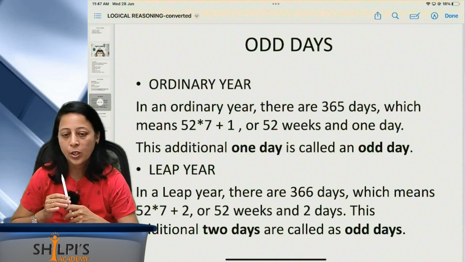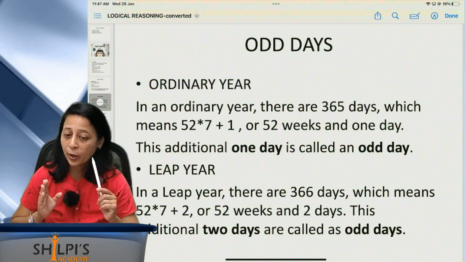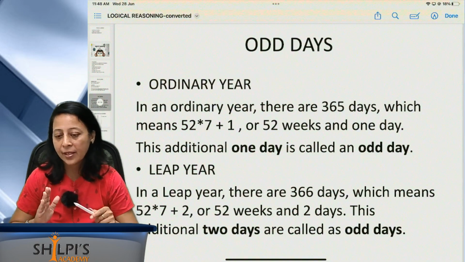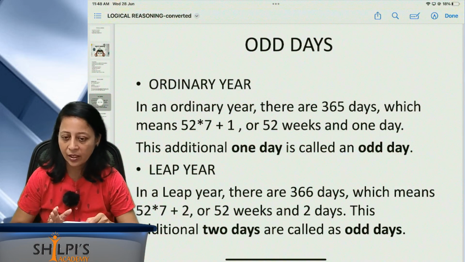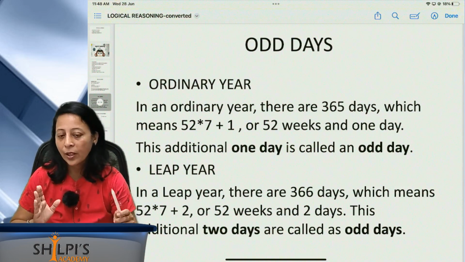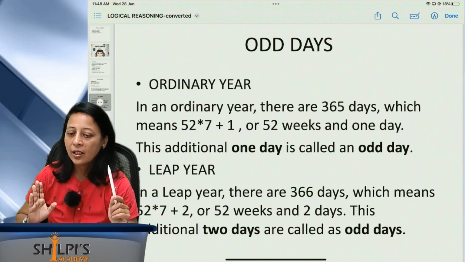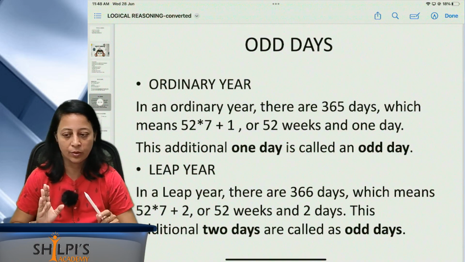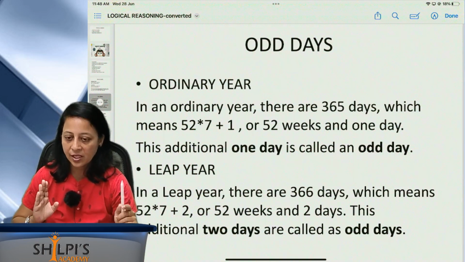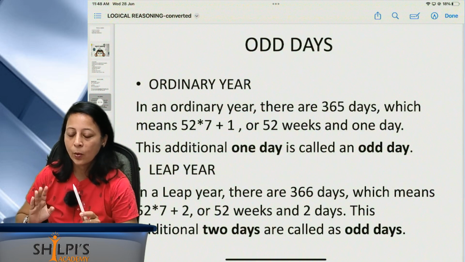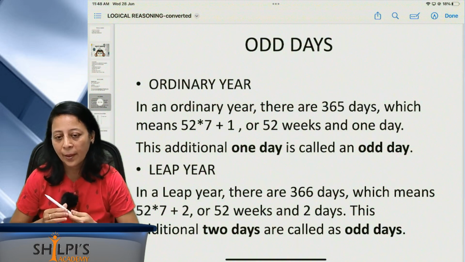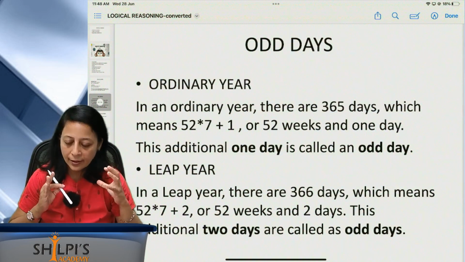So 52 weeks multiplied by 7 days in a week, you are going to get the answer as 364.